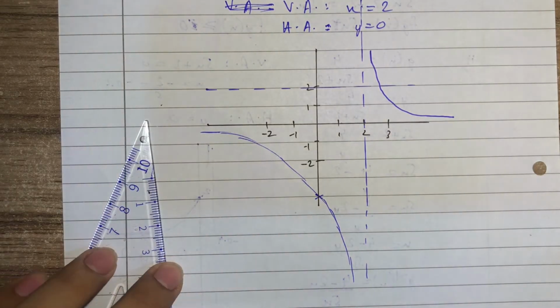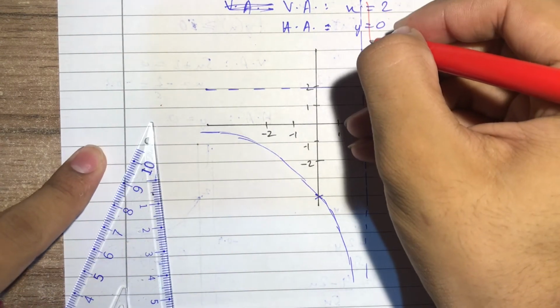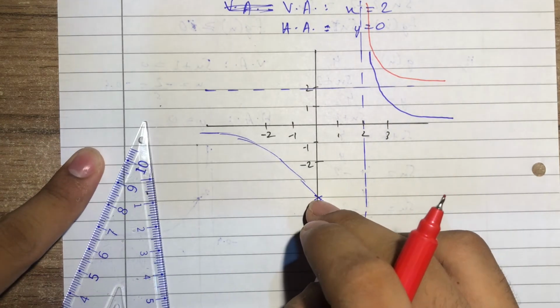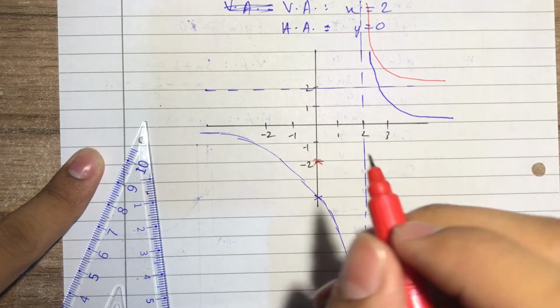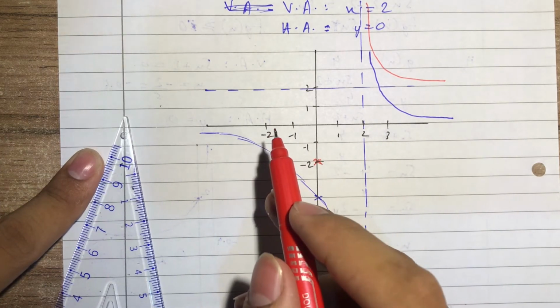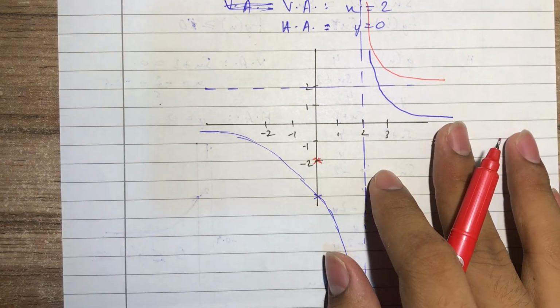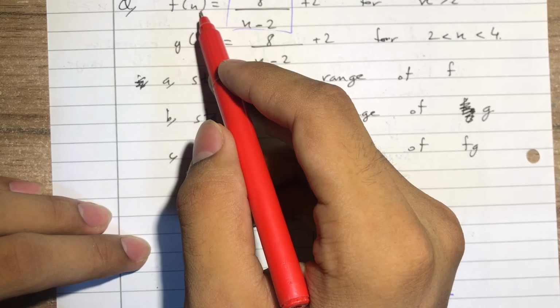So the new graph I'll draw in red. One part will be like this. The intercept will also move upwards, so it will go to 2, minus 2. And now we can find the x-intercept, because there will be an x-intercept as the x-axis is no longer the horizontal asymptote. So for the x-intercept, y is 0, right?